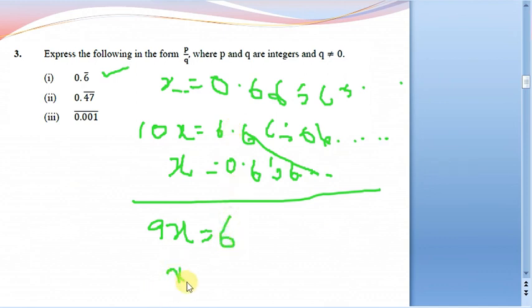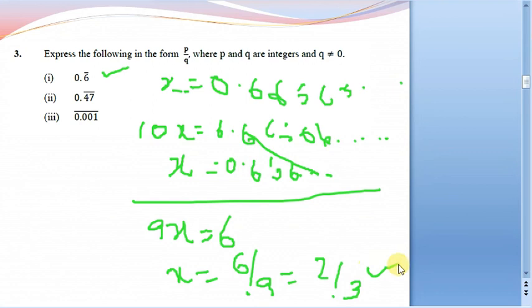So x is equal to 6 by 9, which is 2 by 3. So 2 by 3 is the rational form for this decimal expansion. That is the answer for the first one.